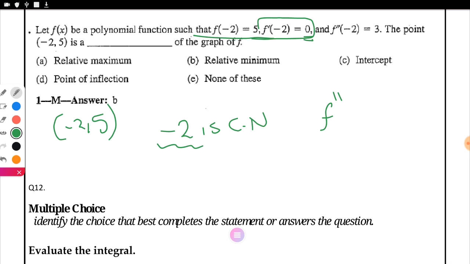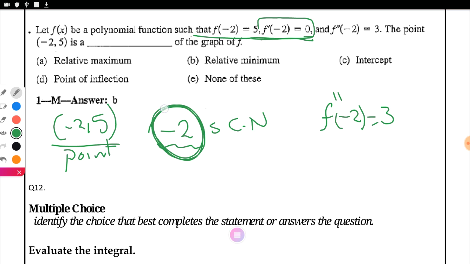If the second derivative at it equals 3, what is the meaning of each given? I just interpret each given. The first given means we have this point on f of x, negative 2 and 5, a point that satisfies the function. From the second given, the first derivative equals 0, it means negative 2 is the value of x at which the first derivative equals 0, the critical number.